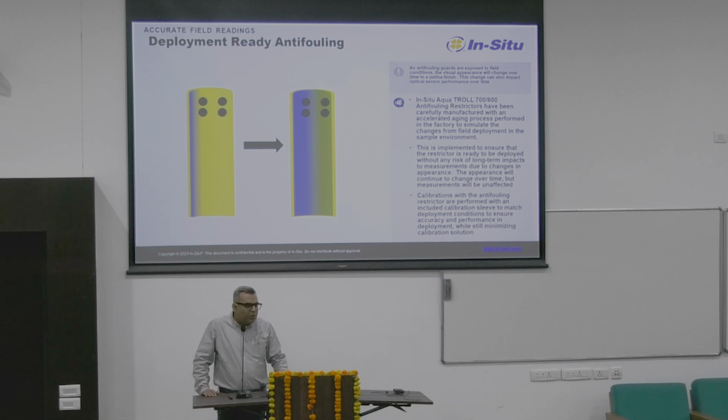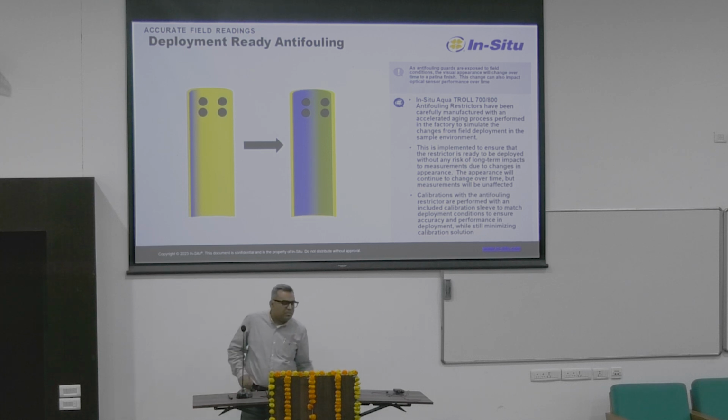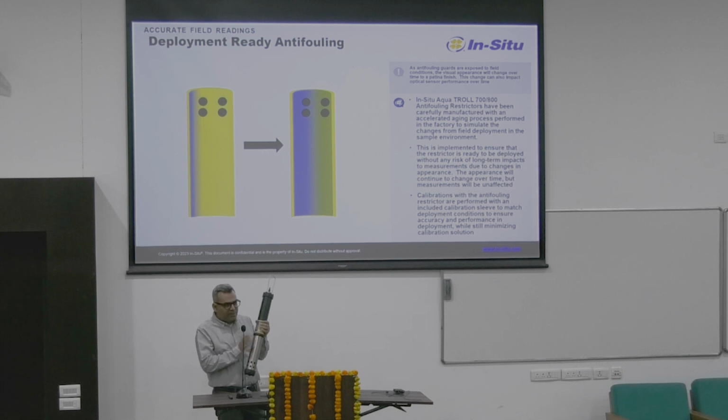We also process the copper anti-fouling system. Basically, it is required for the marine environment, where marine growth is very high. Instead of using titanium or any other material, we are using the restrictor cap as a copper restrictor cap, which works as a very good anti-fouling system also.